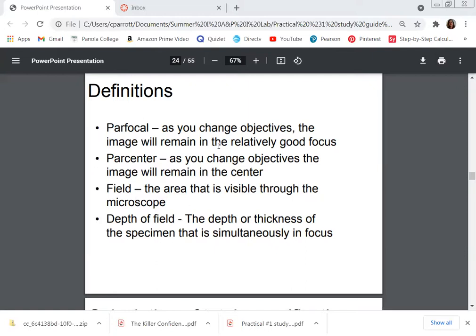Then parcentered: as you move from one objective to another, the image will remain pretty much in the center of the field. Field is the area that is visible through the microscope. Depth of field means the depth or the thickness of the specimen that is simultaneously in focus. So again, make sure you memorize these definitions for both the quiz and the practical.